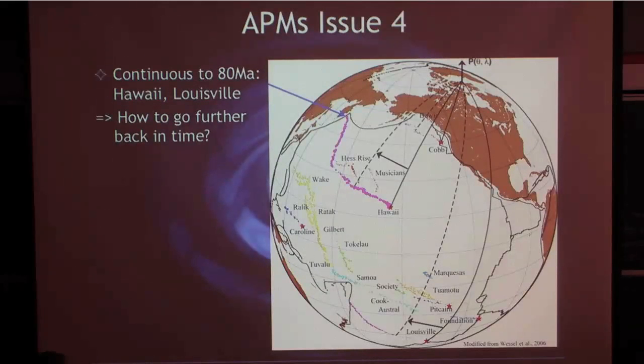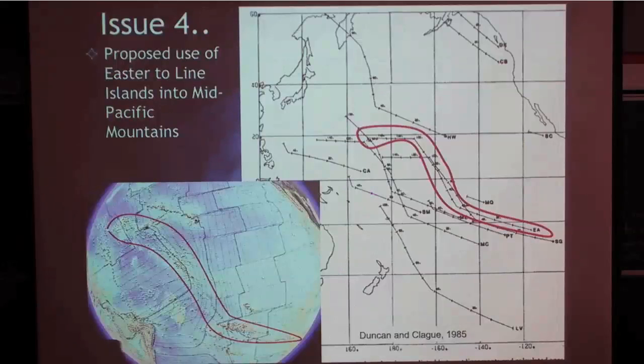And so that's where we go back to, we can tell back to 80 million years in our plate motion models what to do, more or less. But if we have to go back any further, this is how things were connected. Back in 85, these guys basically said, hey, Easter kind of seems like it goes into the Line Islands, kind of seems like it goes into the Mid-Pacific mountains, this thing here.